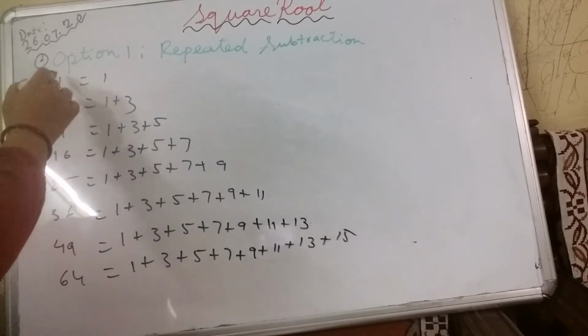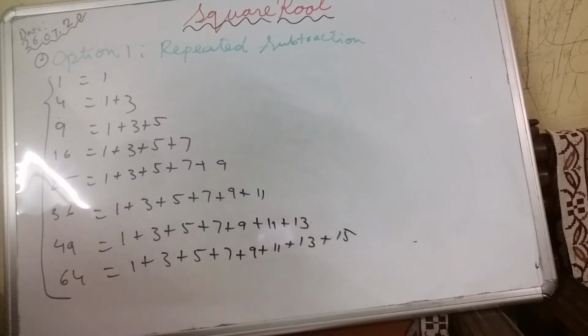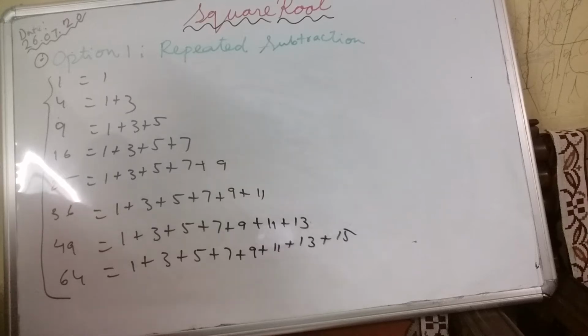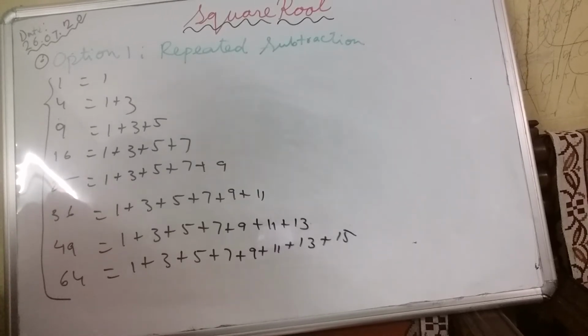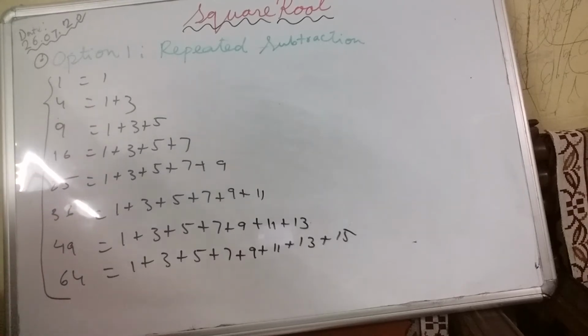Okay, it will help you to recall this property. That means the square of n is the sum of n consecutive odd numbers starting from 1, that is n square. Using this property, we can find out the square root also.